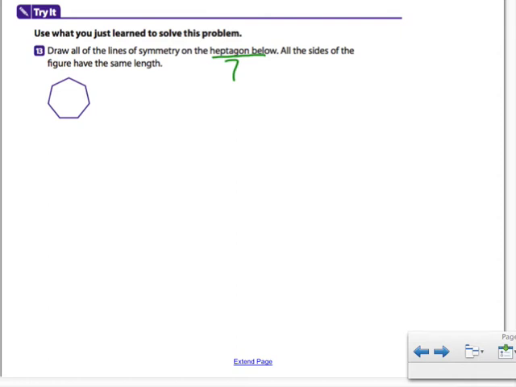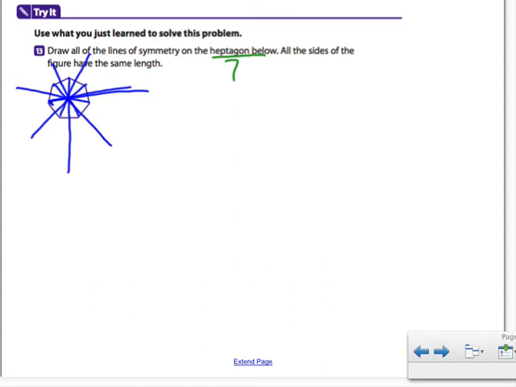So here we go. 1, 2, 3, 4, oh boy, 5, 6, 7. Do you see how I connected each angle, each corner to a line of symmetry?